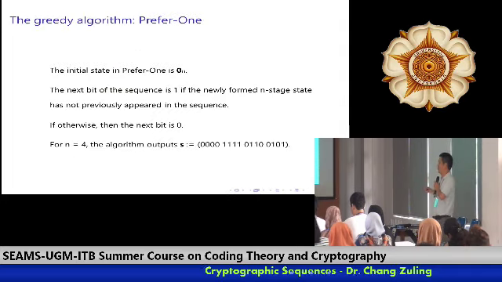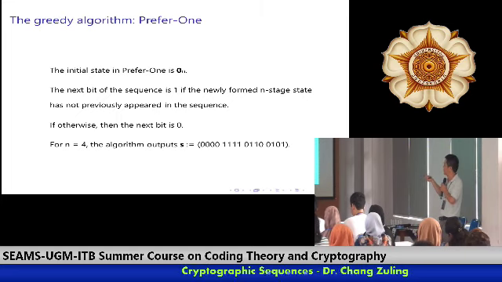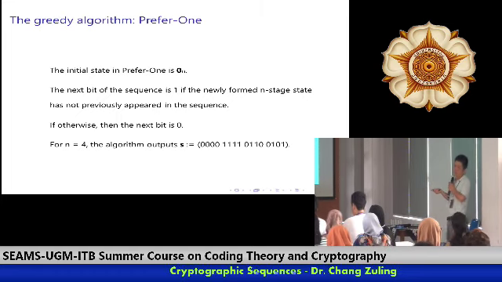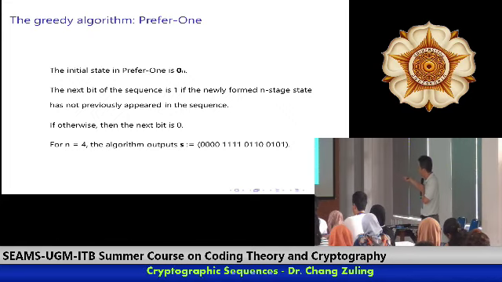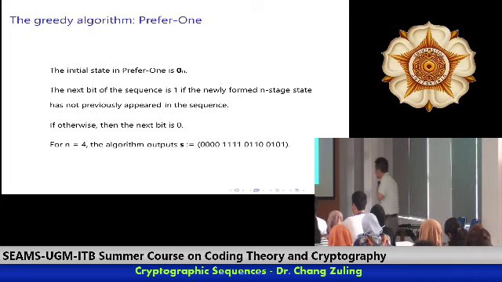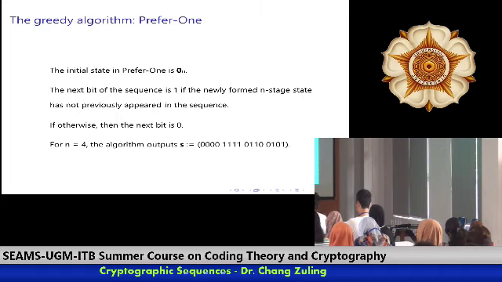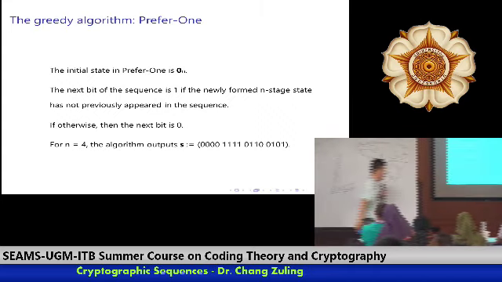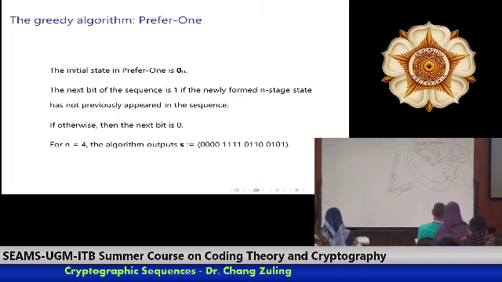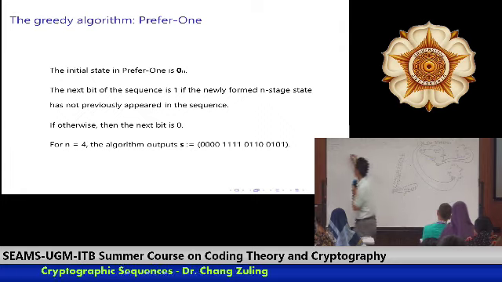Another method to generate de Bruijn sequences is called the greedy algorithm. We take an example, Prefer-1. We begin from n zeros.